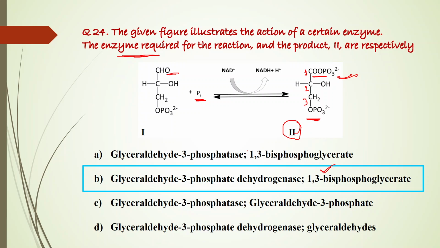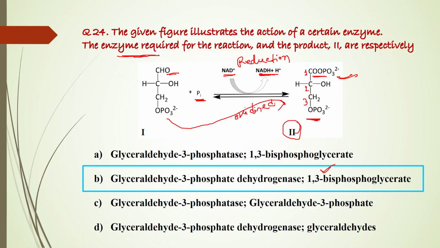Why is it saying that? Because ultimately it is an oxidation reduction reaction. Why? Because you can see NAD plus is getting reduced to NADH in this process. So this is a reduction process. If NAD plus is getting reduced, the substrate must be oxidized. That is the main thing for any redox reaction.